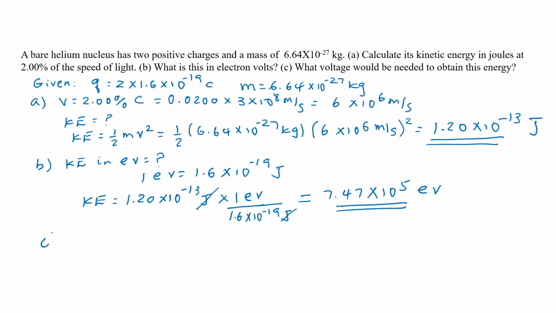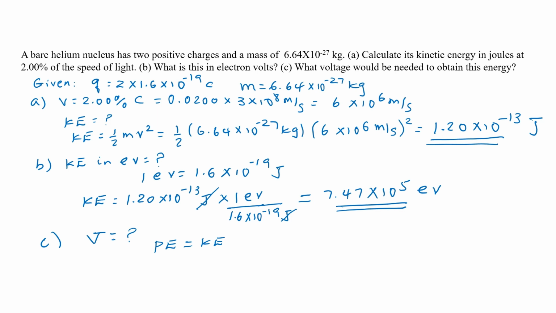C, what voltage would be needed to obtain this energy? We are asked to find what voltage to get this energy. And we know that the potential energy must be equal to the kinetic energy, because if no energy is lost, the initial potential energy will be equal to the kinetic energy.